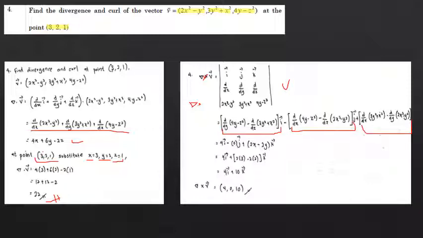After that we find the equation equals 4i minus 0j plus (2x minus 2y) k. After that we substitute the given values, where x equals 3 and y equals 2, and we will get the vector 4i plus 10k, and this is the curl, which is (4, 0, 10).